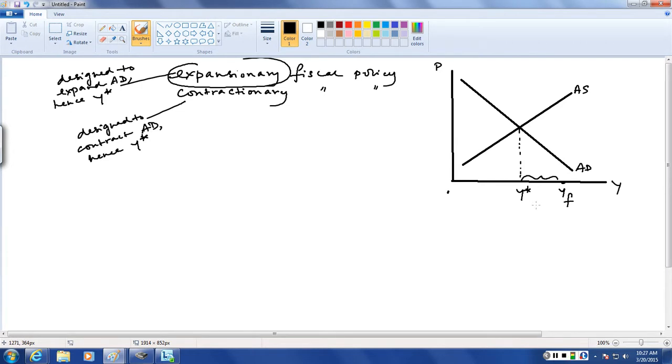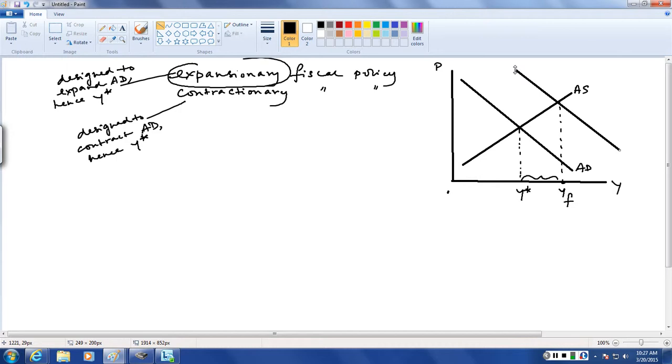How do you get rid of this gap? You get rid of this gap by shifting the AD curve to the right. Am I correct? Because if you manage to shift the AD curve all the way to here, wouldn't you have gotten rid of the gap?